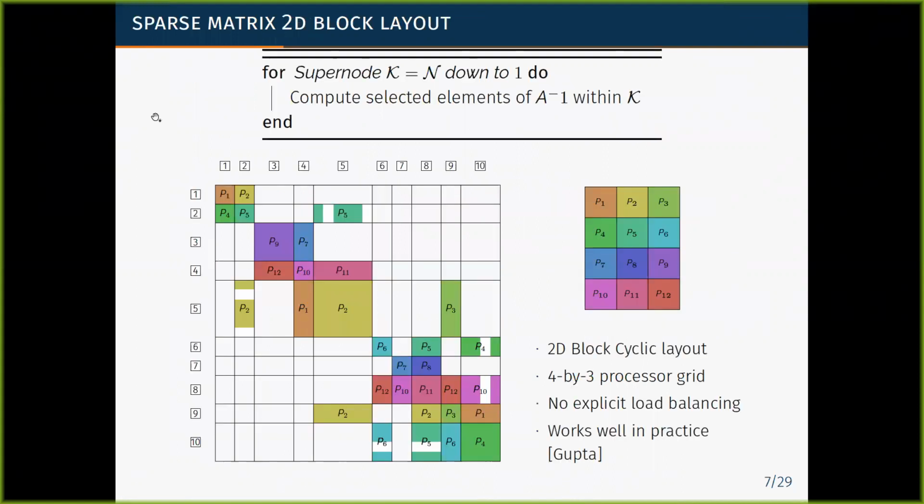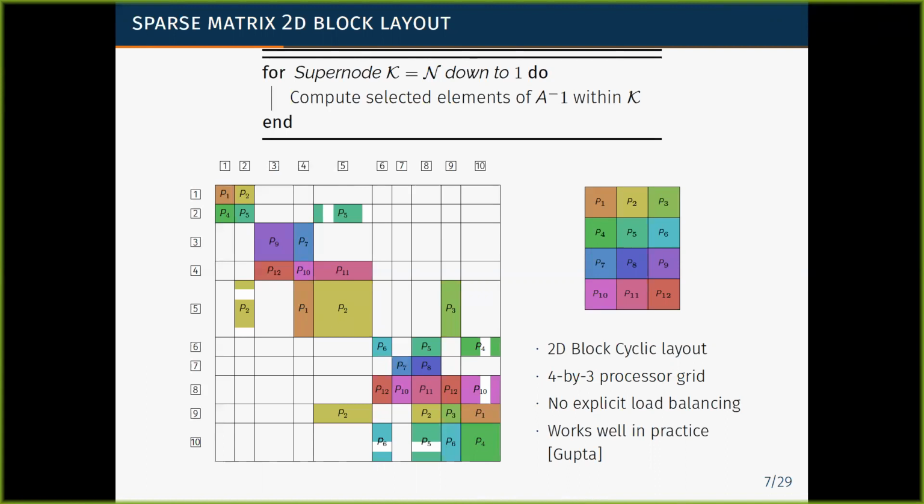So what's the data layout in the selected inversion implementation available in PEXSI? It's basically a 2D block cyclic layout based on supernode sizes. You see that the block sizes are not uniform because they correspond to the supernode sizes.